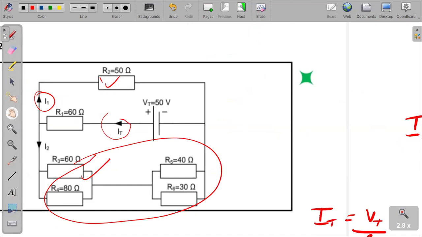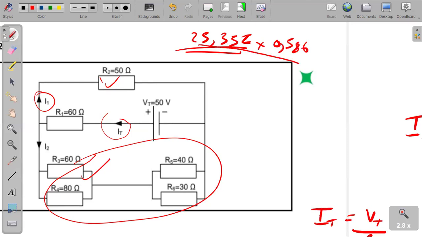Remember, we had that 25.352. What was it signifying? It was signifying the effective resistance of all the parallel branches we have in there. That means it is the one which is now in series with the 60 ohm. If we take the total current, 0.586, and we multiply it by this 25.352, we will get a voltage.